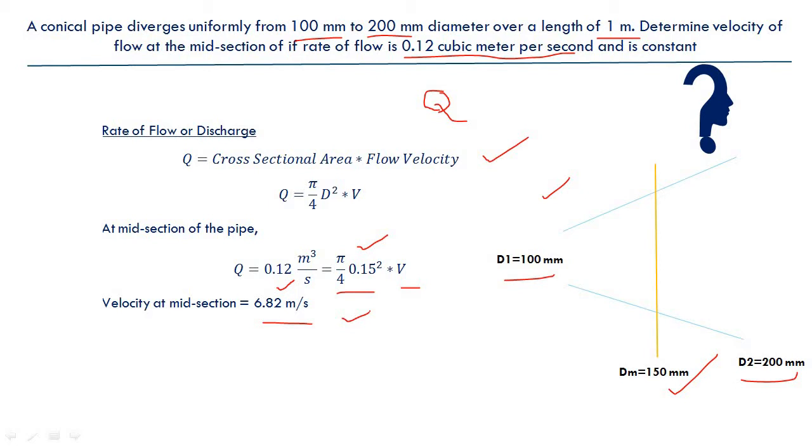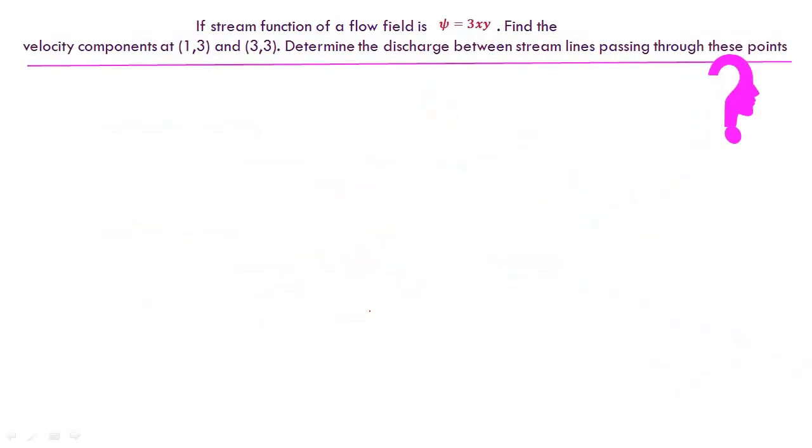So what is happening in a nozzle? A nozzle has a gradually decreasing diameter tube section. So as the diameter is decreasing or the cross sectional area is decreasing, the velocity should increase. Okay, now we'll move on to another problem.